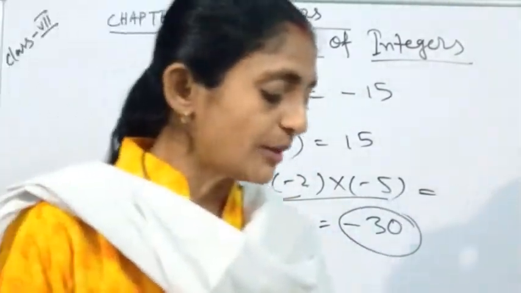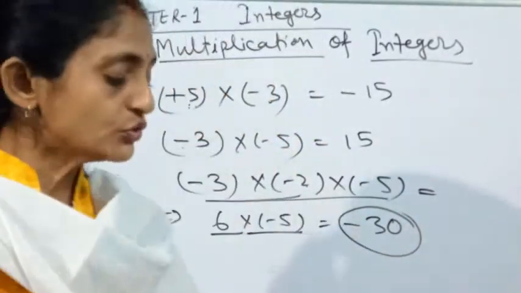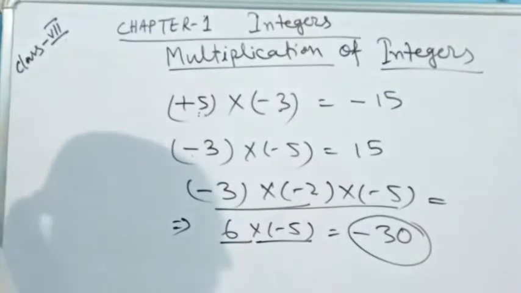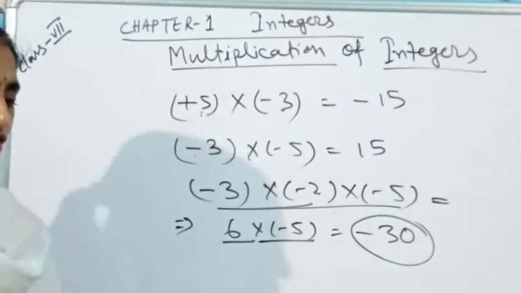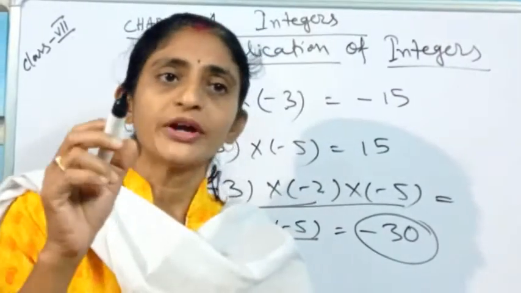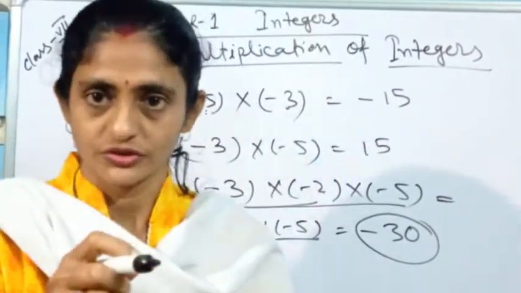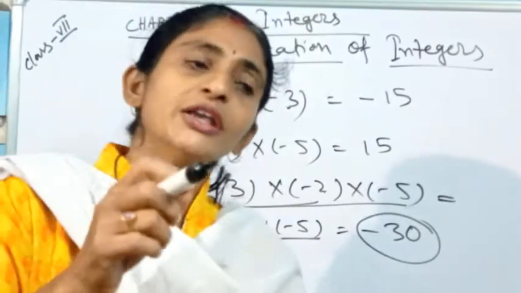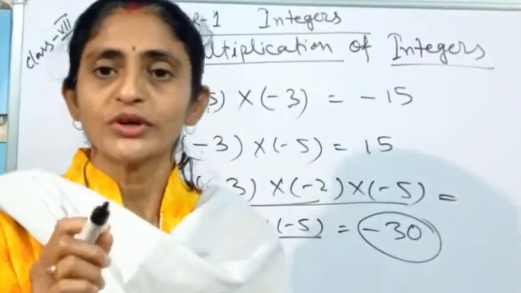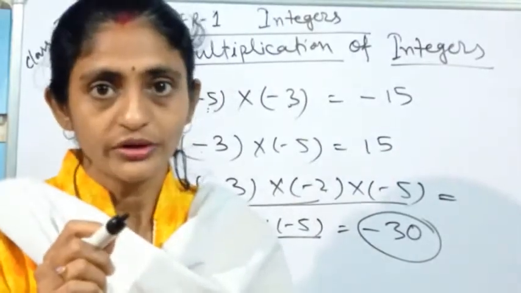Okay, so let's come to the properties we use for multiplication. First and foremost, when you went through addition, you might have noticed that when you find the sum of two integers, or if you subtract two integers, the result you get is an integer. Yes or no? Yes.